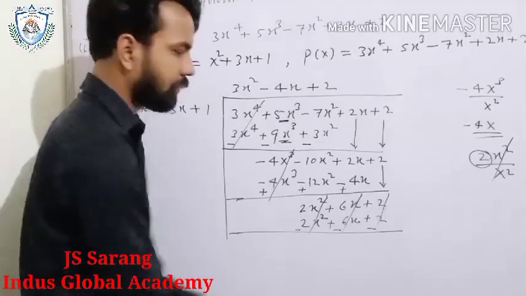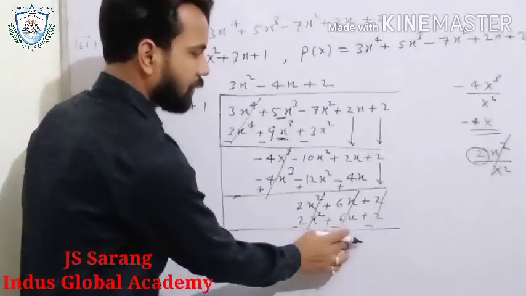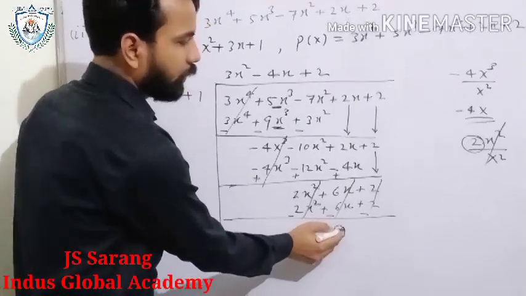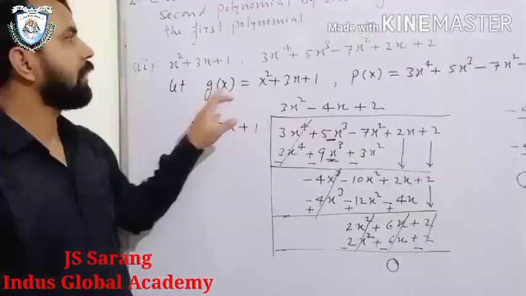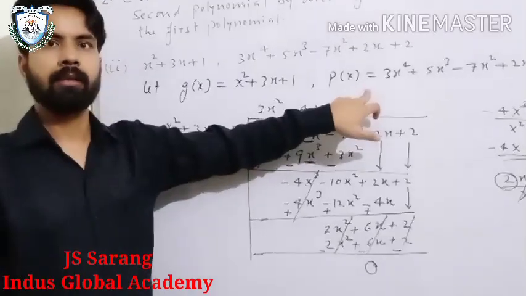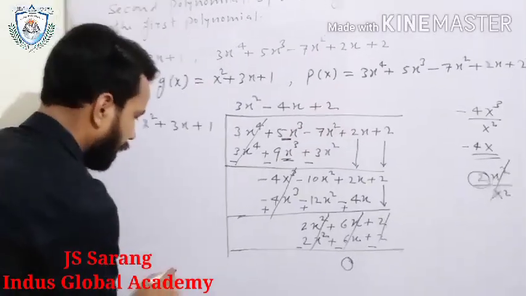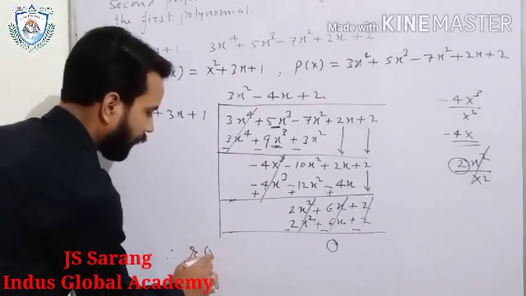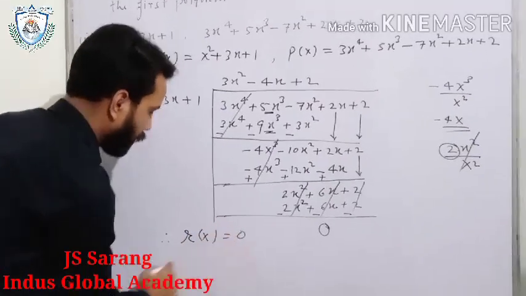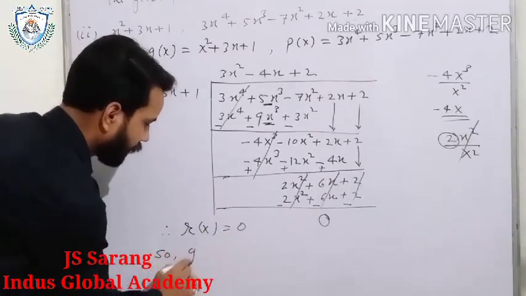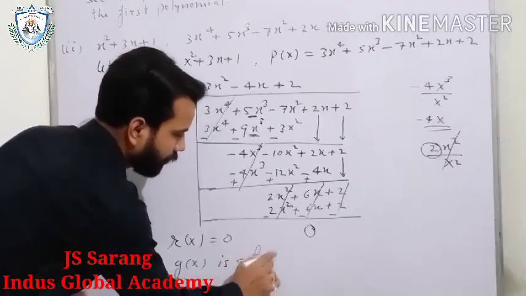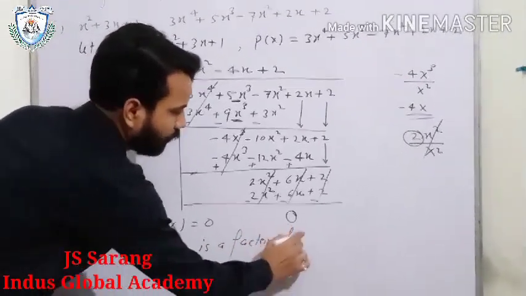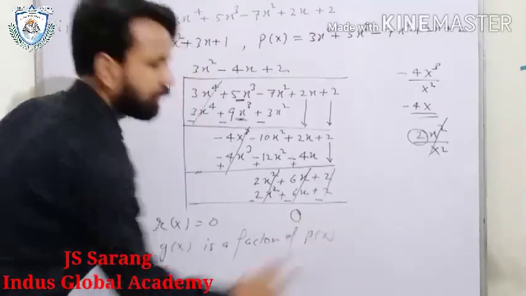What is the remainder? The remainder is 0. I told you, if the remainder is 0, then we can say that g(x) is a factor of p(x). So at last you have to write, hence remainder of x is 0, so g(x) is a factor of p(x).